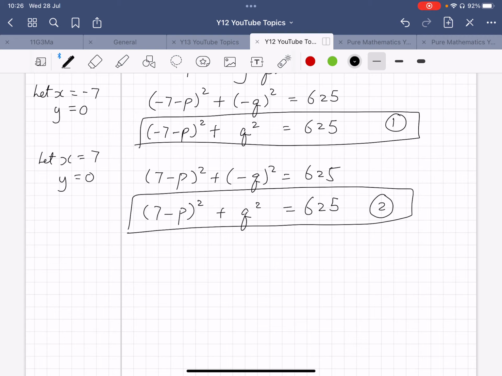Two equations. First thing that comes to mind should be simultaneous equations. Indeed, I am going to do that. So I'm going to do 2 take away 1. I'm just going to rewrite this thing here.